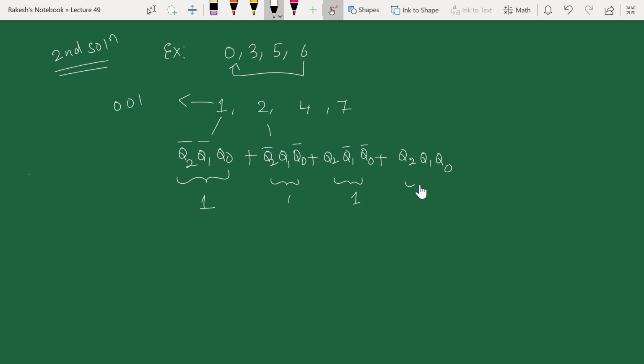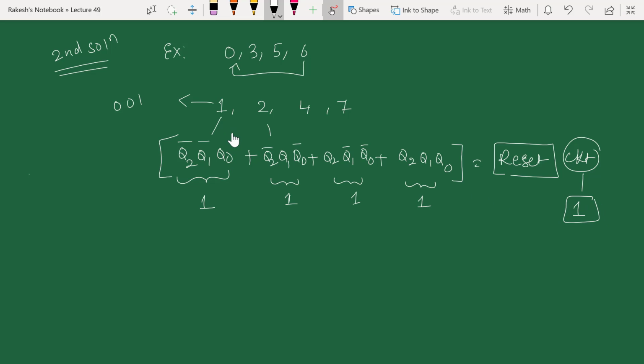Whenever 7 comes, this bit will be 1. So that means if you take this entire expression as a reset circuit, this circuit will produce output 1 whenever your flip-flop output goes to either 1 or 2 or 4 or 7 state.